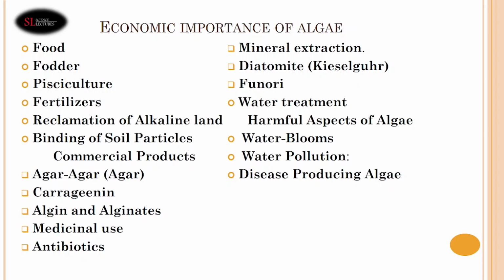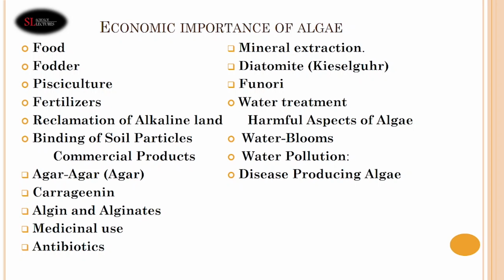Then next, algae is used in the reclamation of alkaline land, or what they call usar land. Studies have shown that a lot of land that is extremely alkaline does not favor the growth of plants. So what do they do in this case?